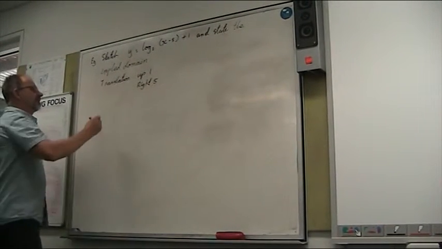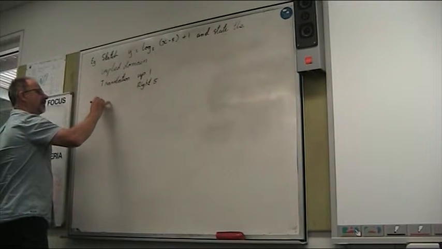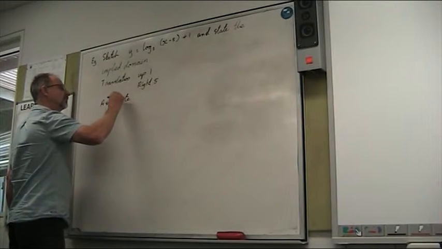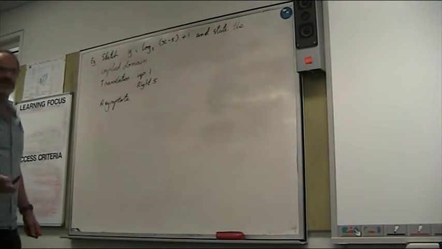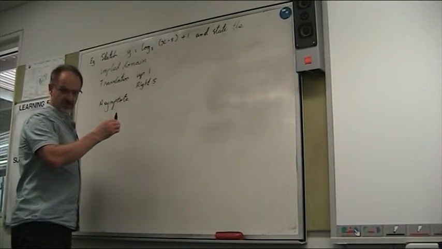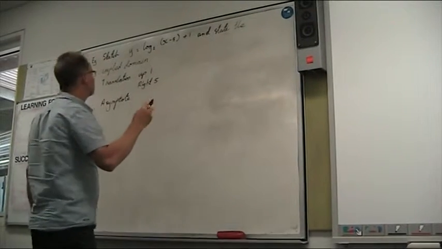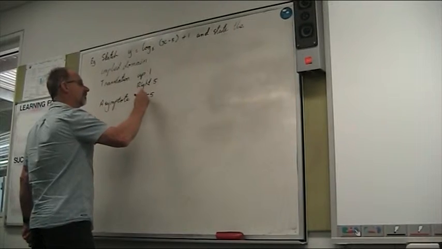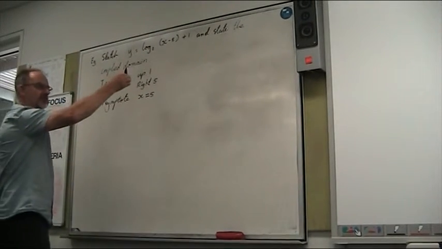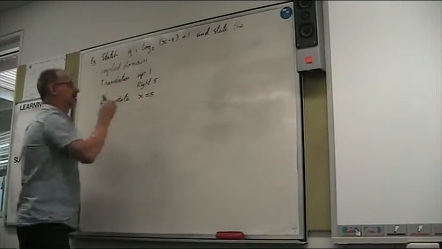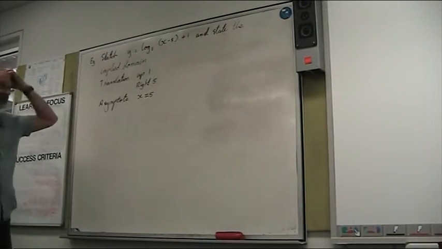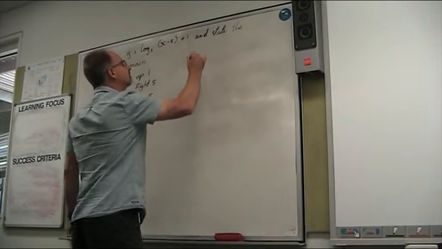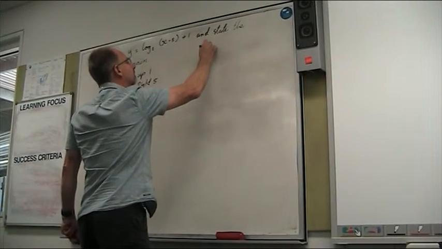So if it's to the right 5, our asymptote, instead of the y-axis, will be moved to x equals 5, not y equals 5. Vertical asymptote, vertical line, so x equals. So asymptote of x equals 5. Alright, so what have we got?